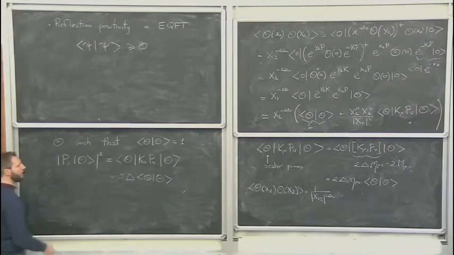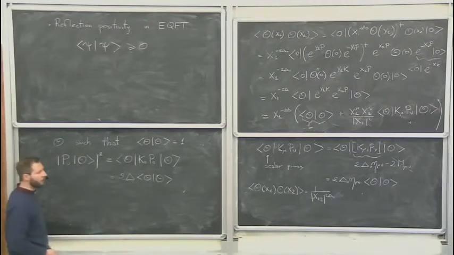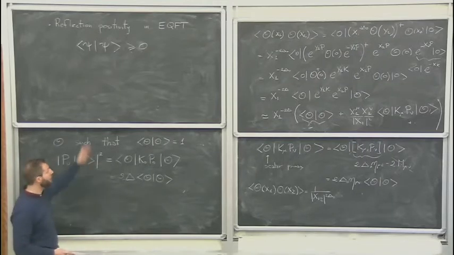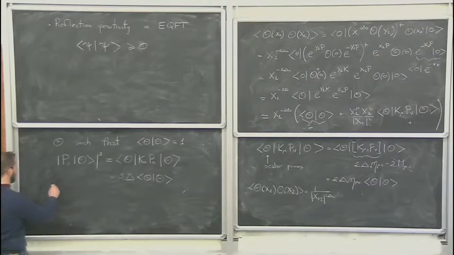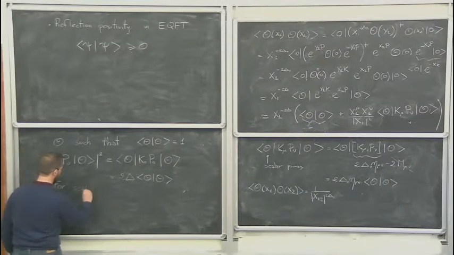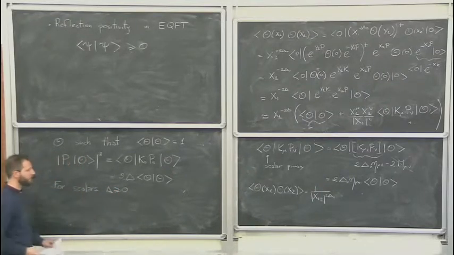So in 2 lines, we already obtain a very powerful constraint on the type of irreducible representation that you can have in a theory which is reflection positive. So for scalars, delta has to be larger than 0.